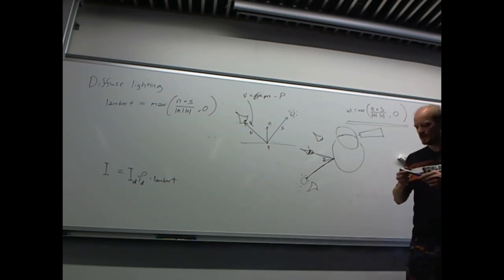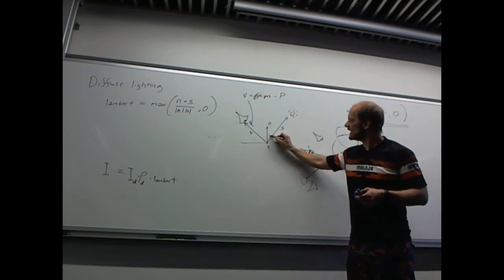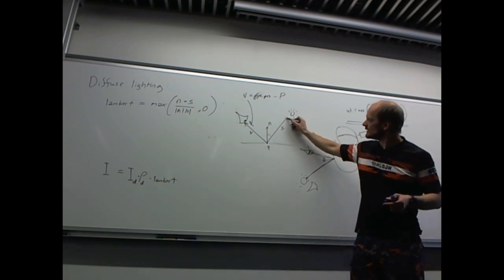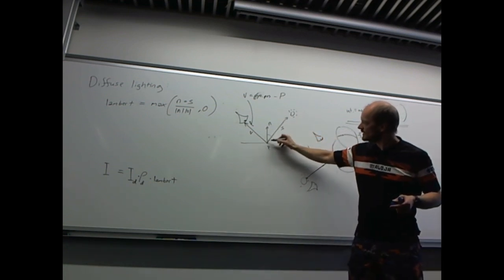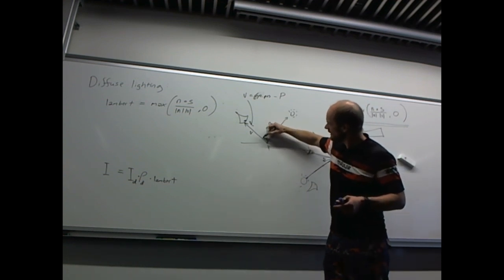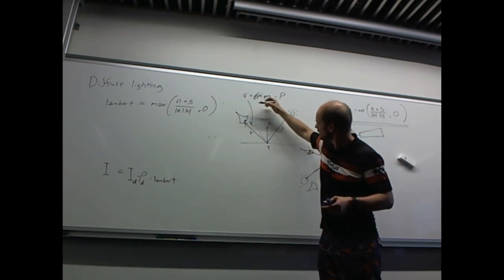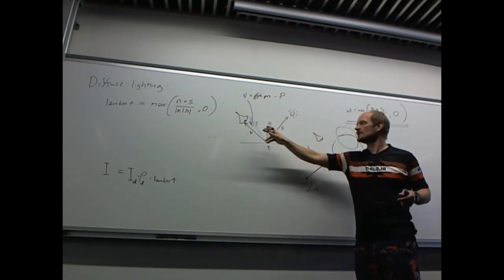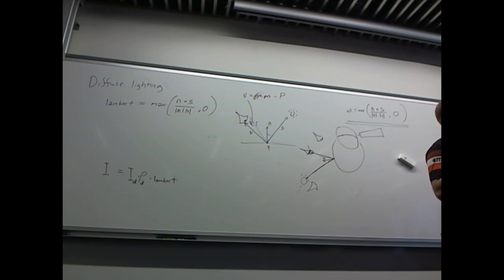So earlier we took the cosine of this angle between S and N. Now we're kind of thinking, wait a minute, if I take a vector that goes from the light and I reflect it around N and get a vector here that we can call R, the reflected vector, how would I get the most intensity now?